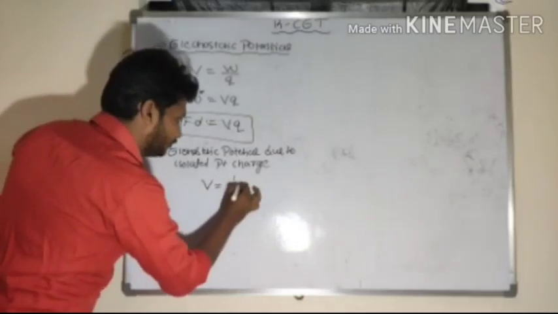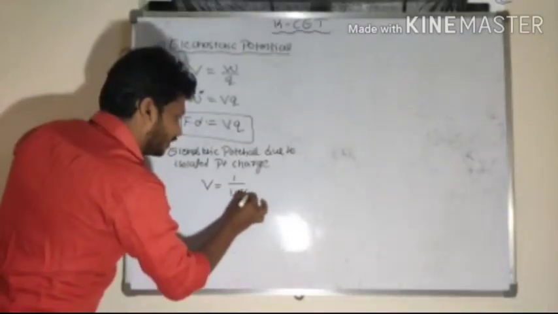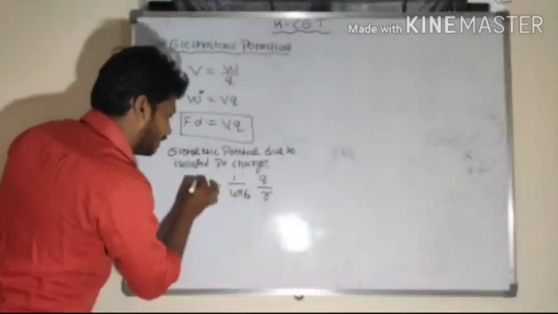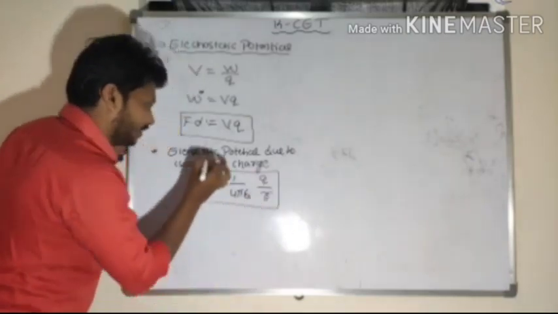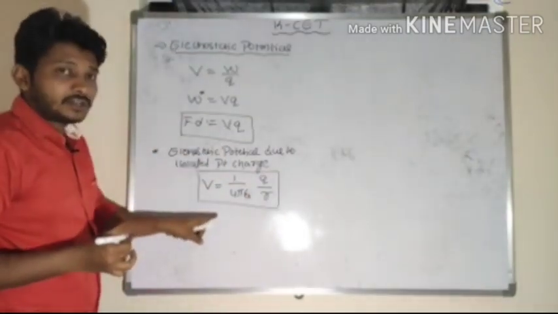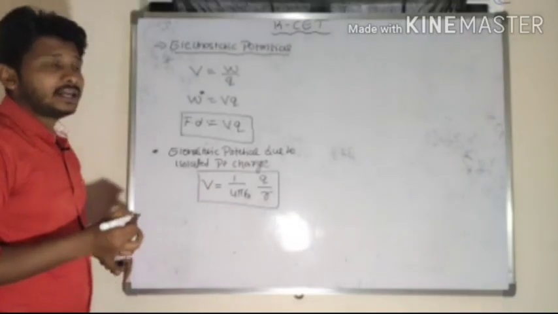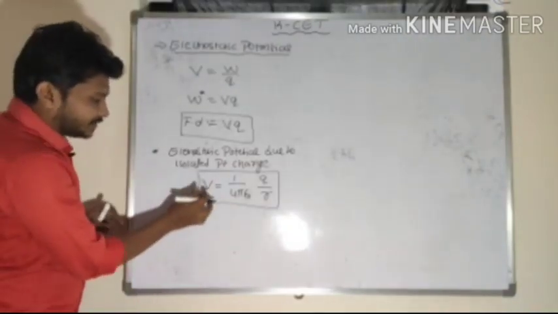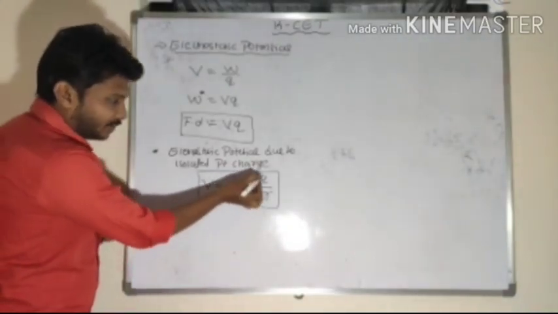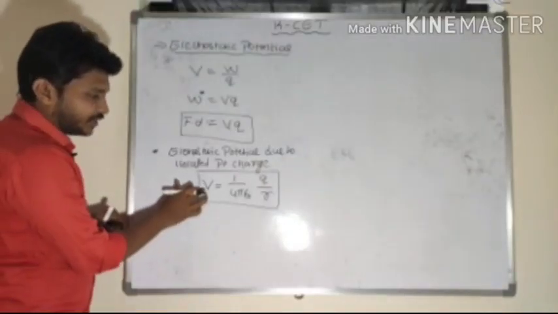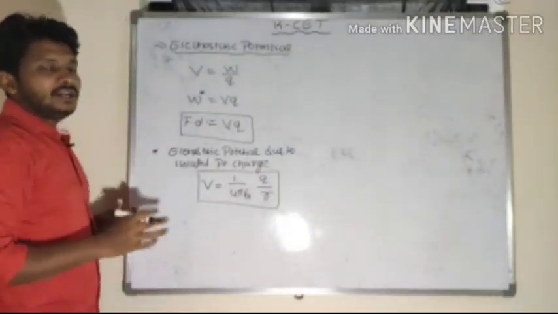V is equal to 1 by 4 pi epsilon naught Q by R. So this is the required equation for electrostatic potential due to an isolated point charge. So potential is inversely proportional to distance here.